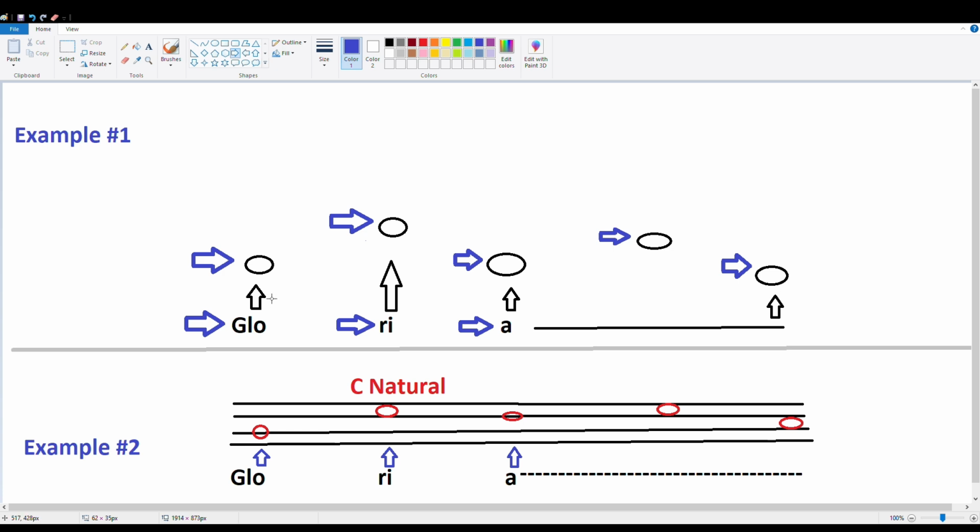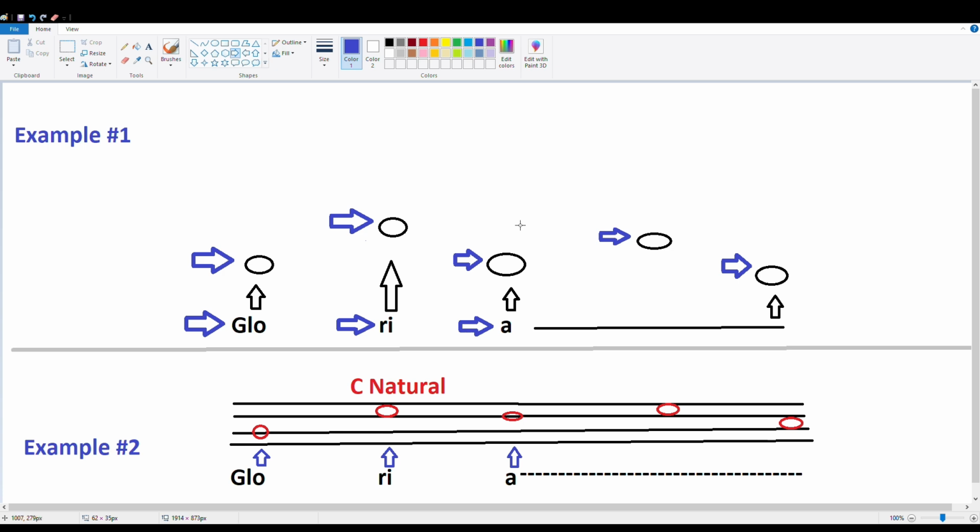These black arrows are here to show you the correspondence between each syllable and a note. So in this case, glo goes to this first note, ri goes to the second note, a goes to the third note, but it stretches to the last 2 notes of our musical example. So a actually lasts for 3 different pitches.